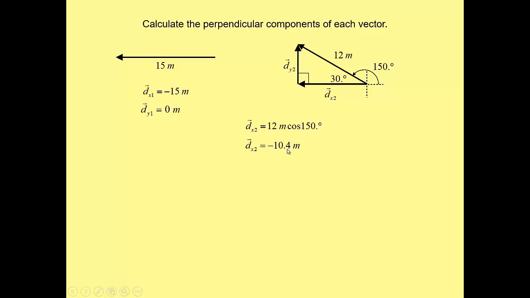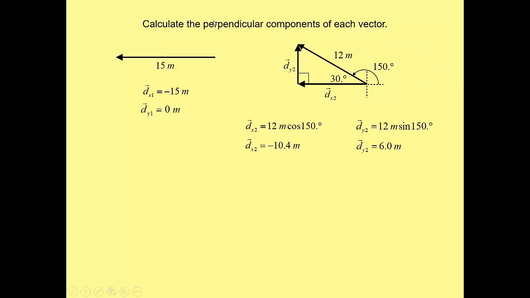I don't want to round all the time, because sometimes you can end up over rounding. So I'm going to keep an extra sig fig in my calculations, and I will round on my final step when I'm coming to my answer. To find the vertical component, well, that's the opposite side to the angle, so we would use hypotenuse sine of the angle. This one being up is, of course, positive. You might know the sine of 30 is a half, so it works out to be exactly 6.0 meters.